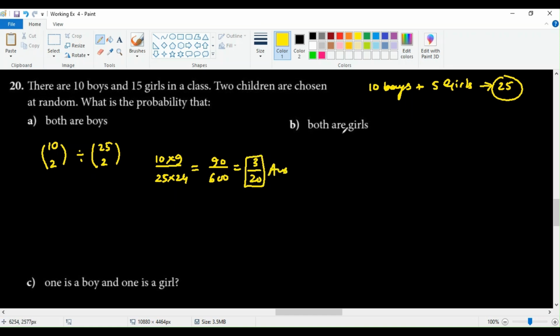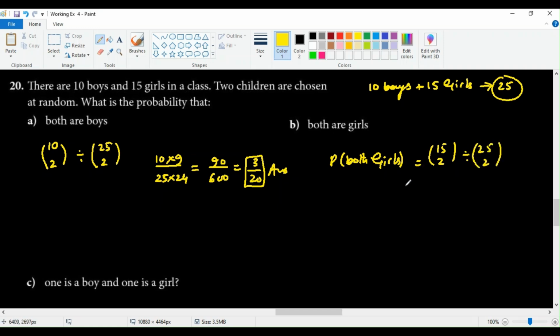Now when it comes to both are girls, possibility of having both girls, the favorable outcome is going to be 15 choose 2, and divided by 25 choose 2.